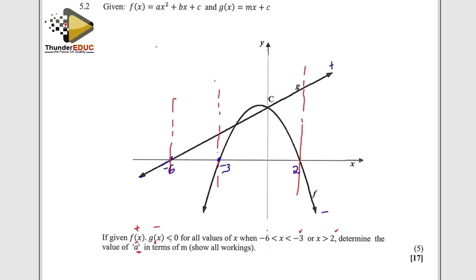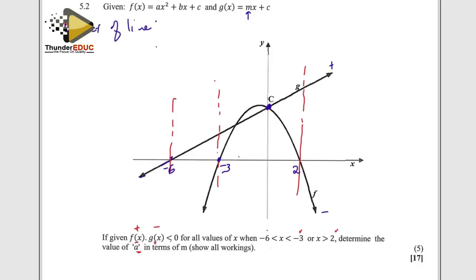Then I know that m represents the gradient, but both graphs are having the same c-intercept or the y-intercept. So what I'm going to do is that at this point of c, both graphs are going to have the same gradient. So let me get the gradient of the straight line. Okay, so gradient of the line.